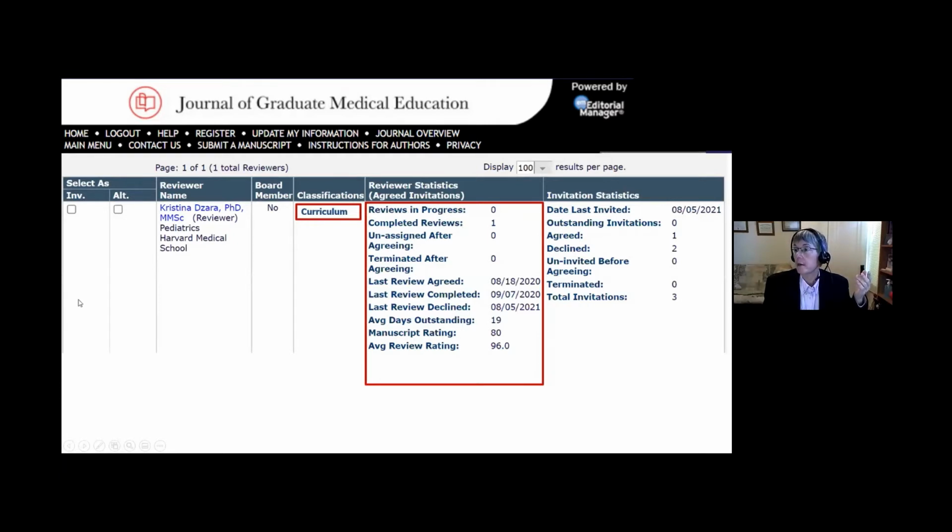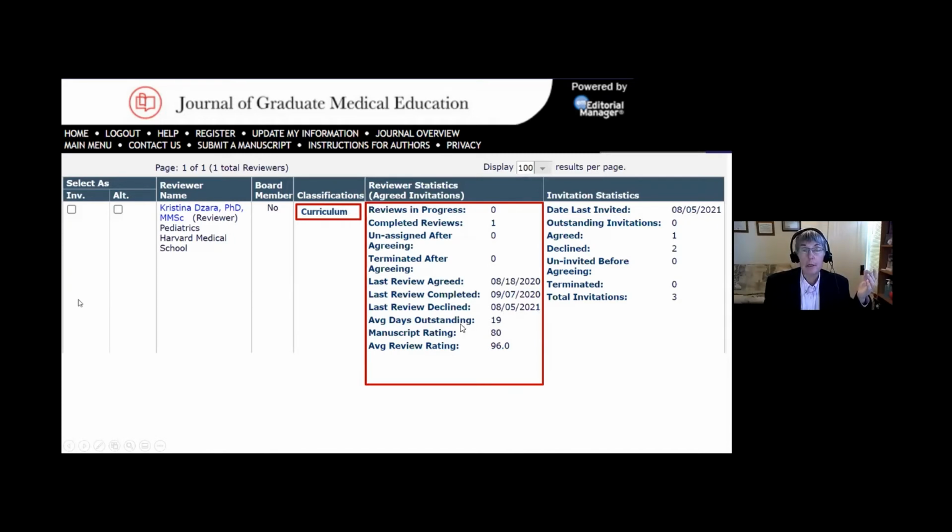She agreed, she declined 2, and she's had 3 total invitations. But the last time she agreed and completed one was in September of 2020. She declined one in the last one she declined.